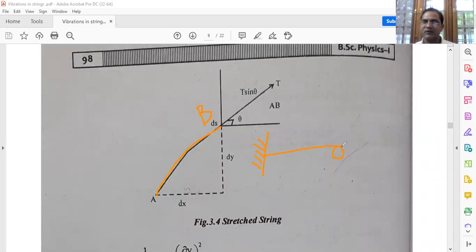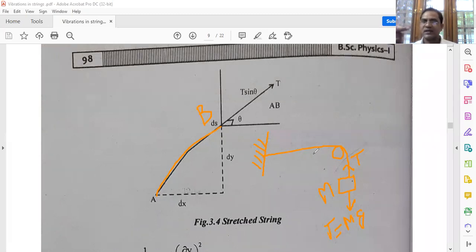The second end of the string is passed over a pulley, and at that end we suspend some load M. Then what is the tension in the string? The tension in the string would be equal to Mg, the weight of this load acting downwards. So when the mass M is loaded at the end of the string, the tension applied in the string is T equal to Mg.